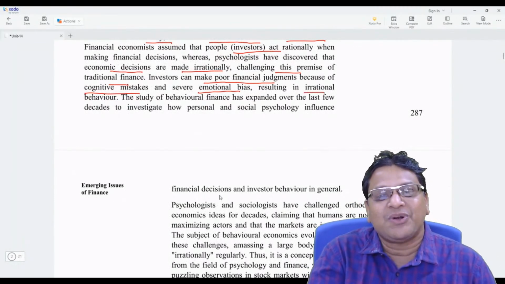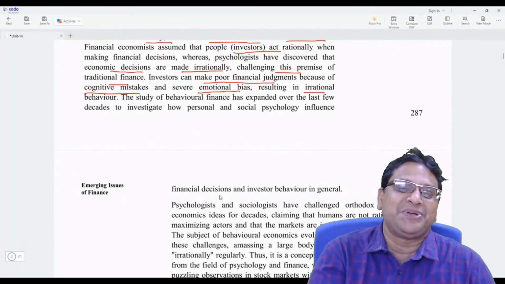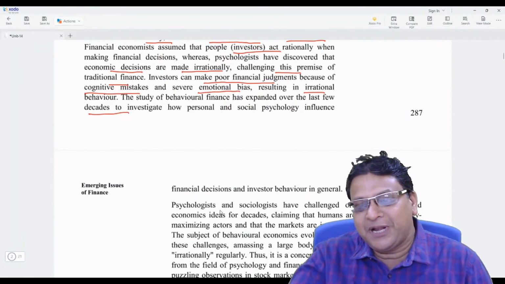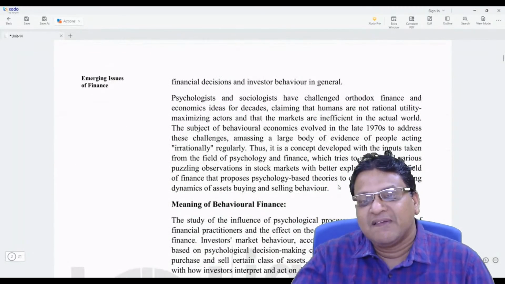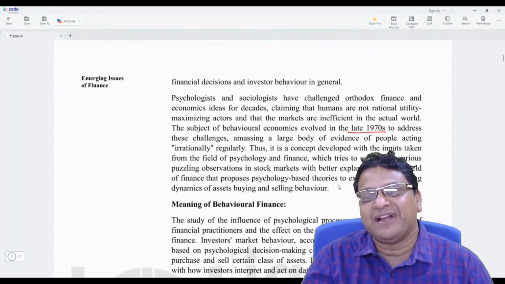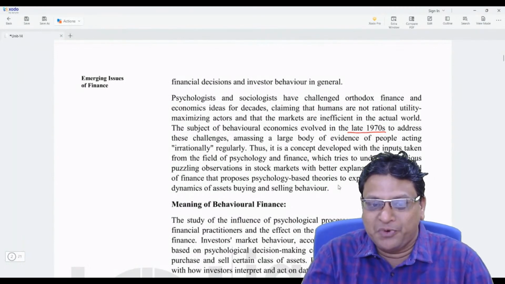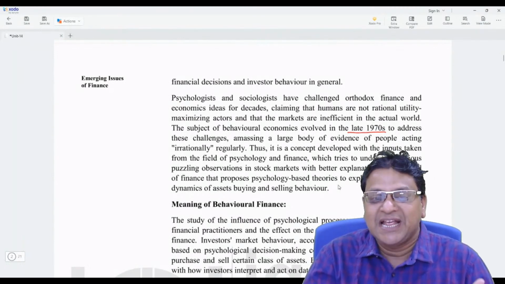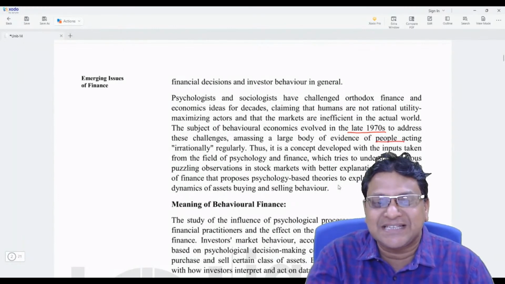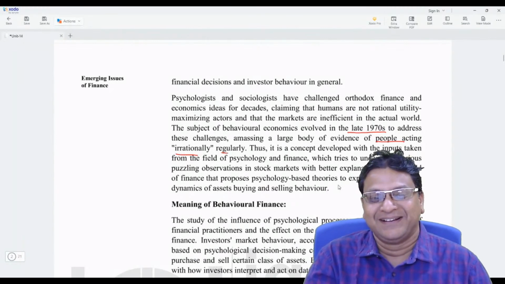So the study of behavioral finance has expanded over the last few decades. And in this context, behavioral finance gained its momentum from the late 70s, and the main basis upon which behavioral finance stands is that people act irrationally, and they act irrationally regularly.